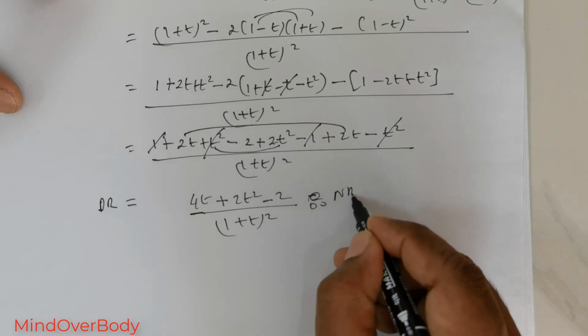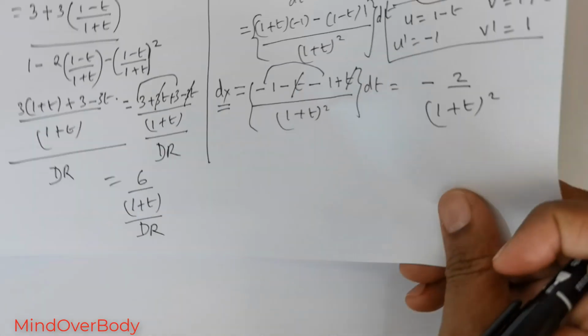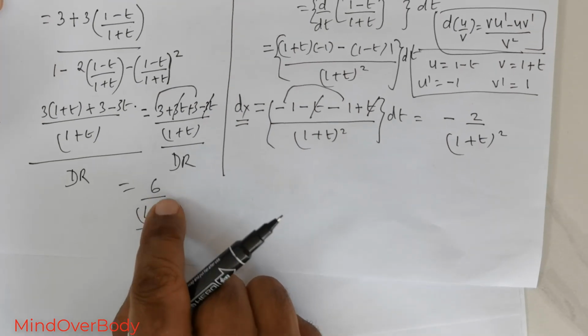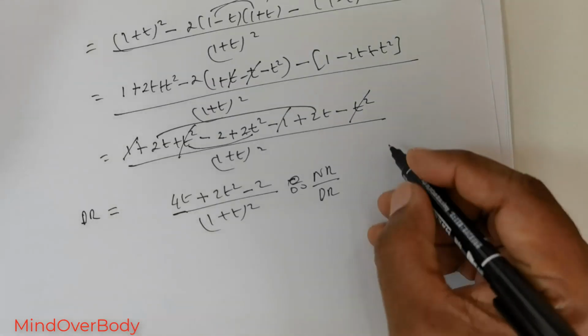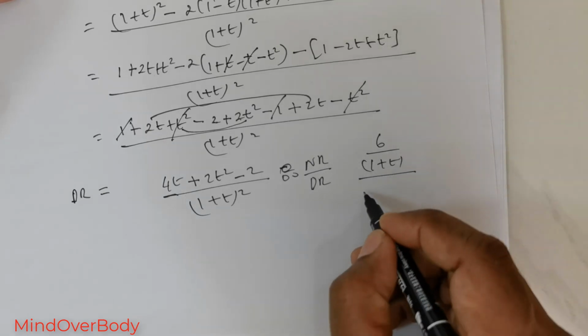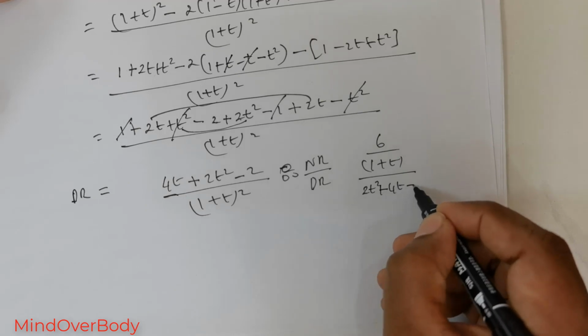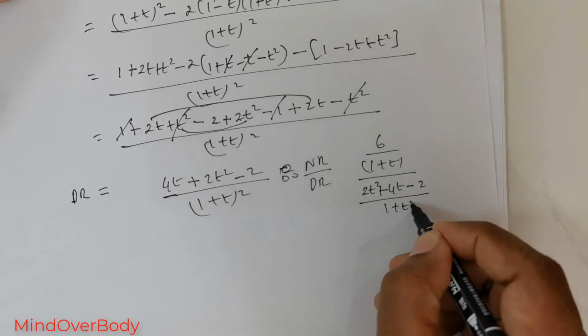So therefore numerator divided by denominator, what do we get in the numerator? Well, 6 over 1 + t, write that. So 6 over 1 + t divided by 2t² + 4t − 2 divided by (1 + t)².